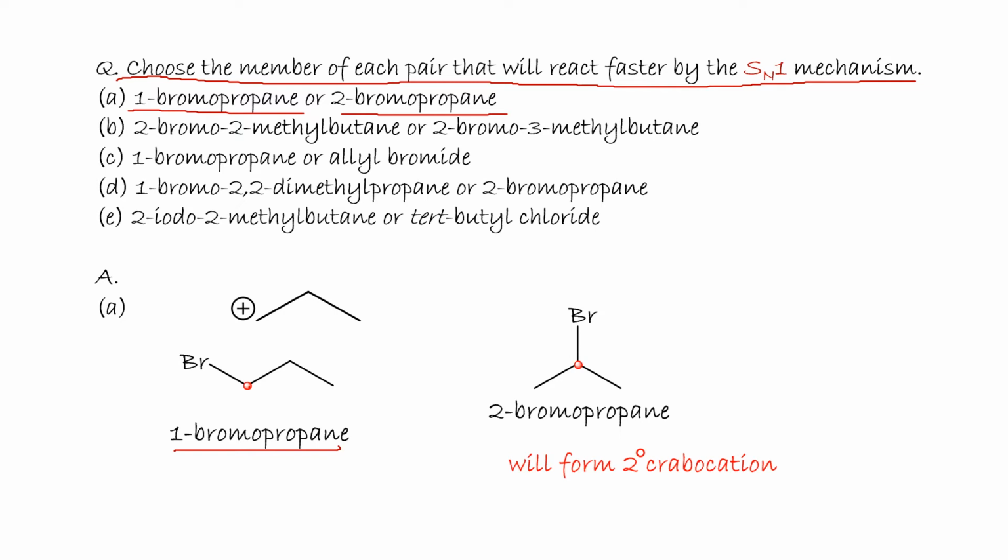For this carbon, it's secondary, and we are expecting it to give, in the first step of the SN1 mechanism, a secondary carbocation. Secondary carbocation is more stable than primary carbocation. We're expecting the 2-bromo to be faster.